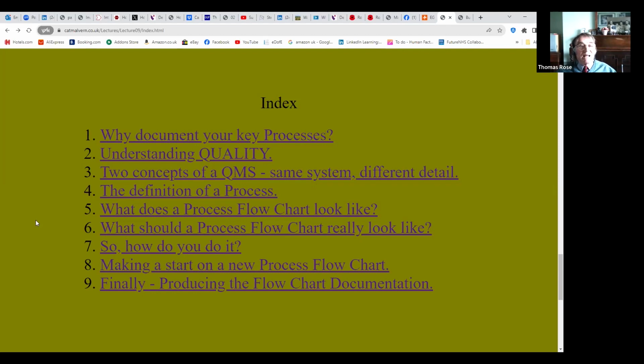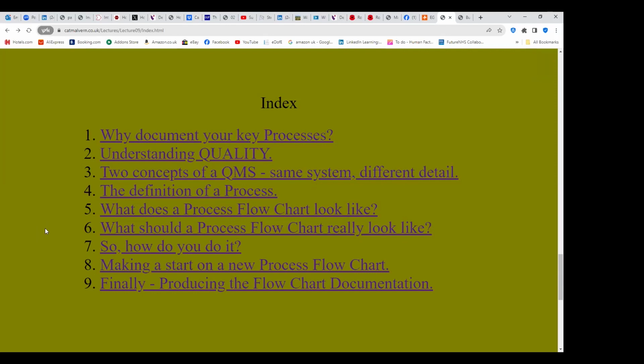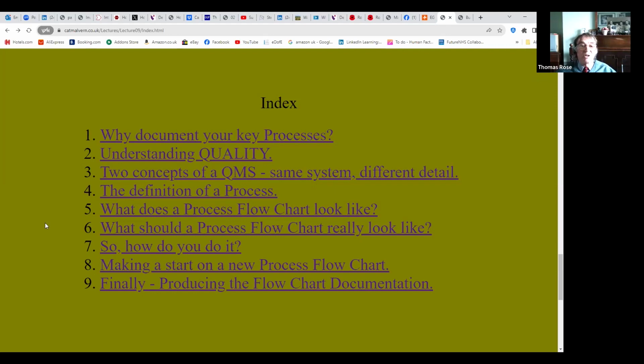The clinical activities are the smallest number of activities maybe in a trust. A lot of the administrative activities are just as important. I don't know if that answered your question. Yeah, it does. Thanks very much. Definitely, the whole set of activities should, in my view, be treated the same.